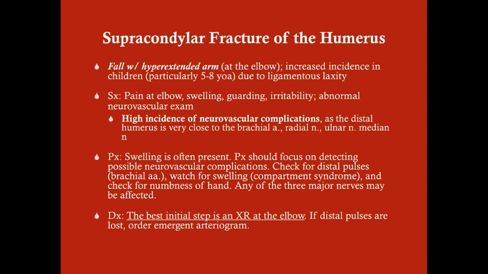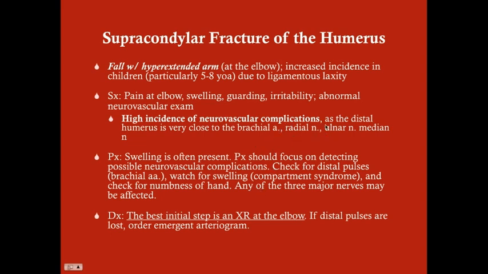And you should also watch for swelling. Swelling is a big problem because it indicates possibly compartment syndrome, which is a major complication of the supracondylar fracture of the humerus. And that's one of the things that makes it relatively unique among these fractures that we're talking about. And then, of course, checking for numbness of the hand, because any of these three major nerves can be affected.